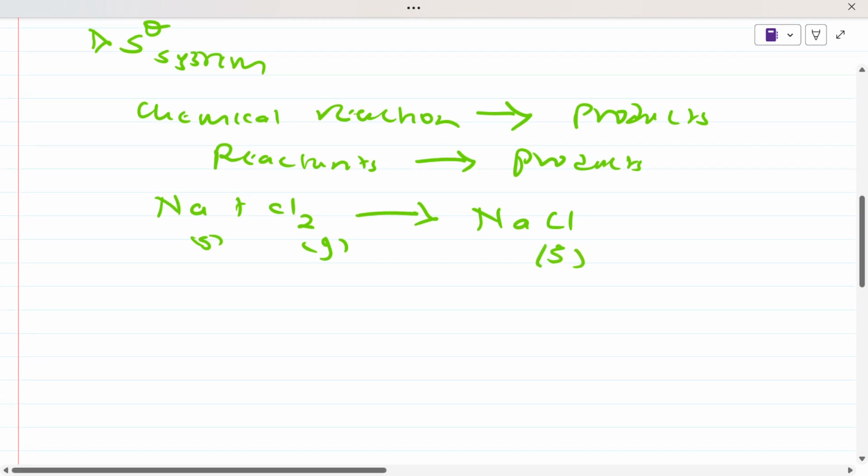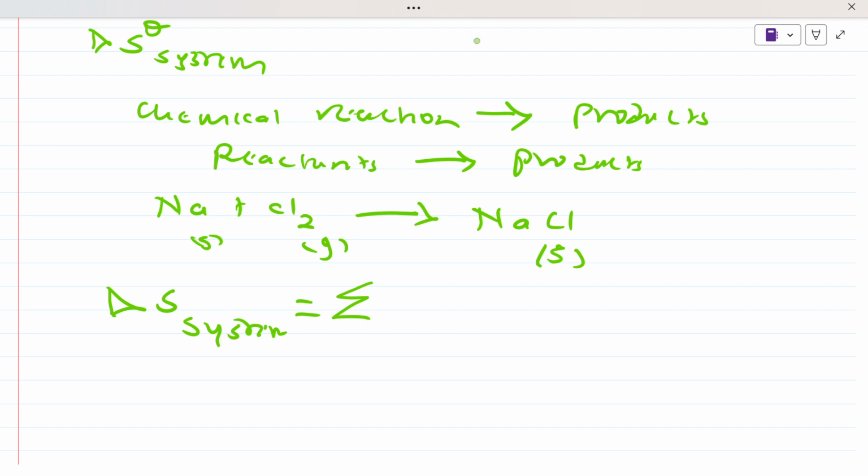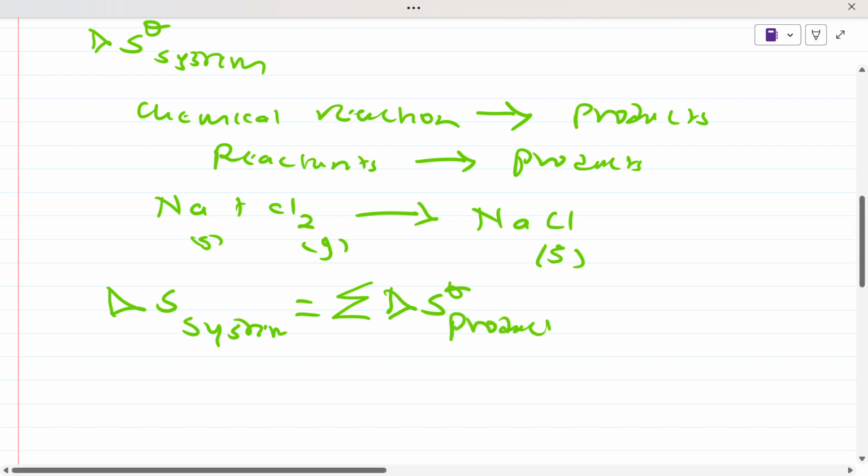If I want to calculate total entropy, I will take the total entropy of a system. I will take summations, and in summation we always use this sign, summations of entropies under standard conditions of products minus summations of entropies of reactants.